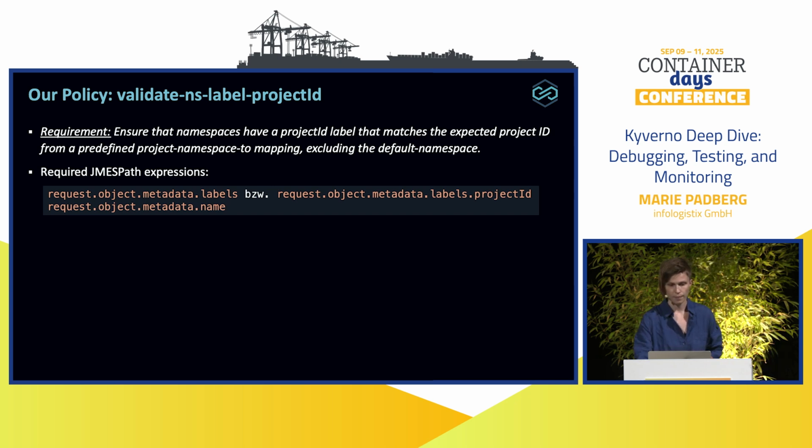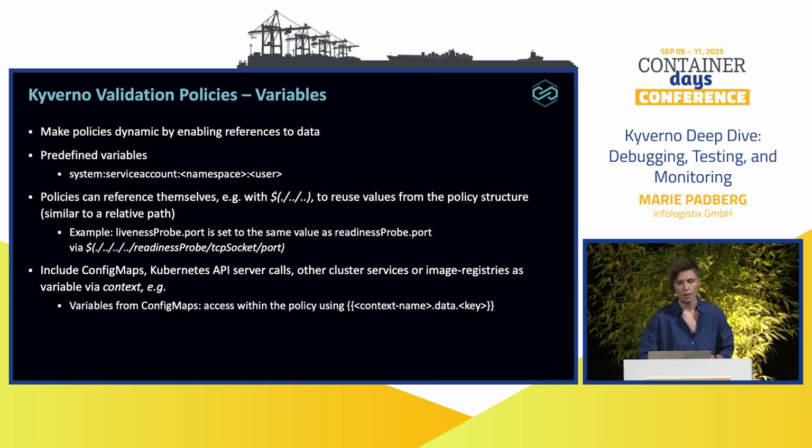To get more powerful Kyverno policies, it makes sense to make them dynamic by using variables. There are some predefined variables in Kyverno, like the one for the service account, or you can reuse values from anywhere in your policy with dollar parentheses and a path.